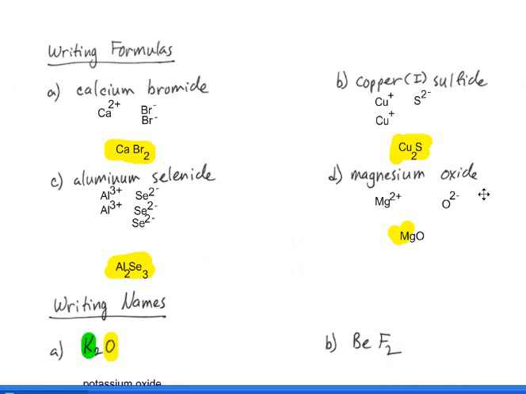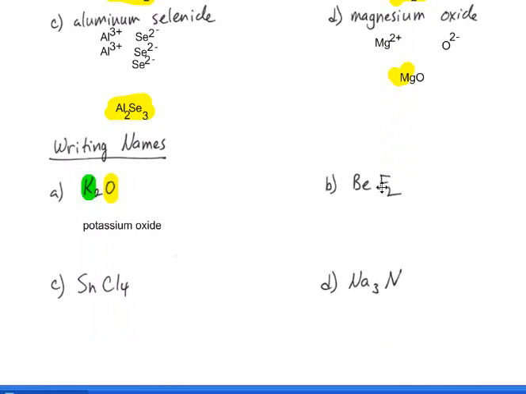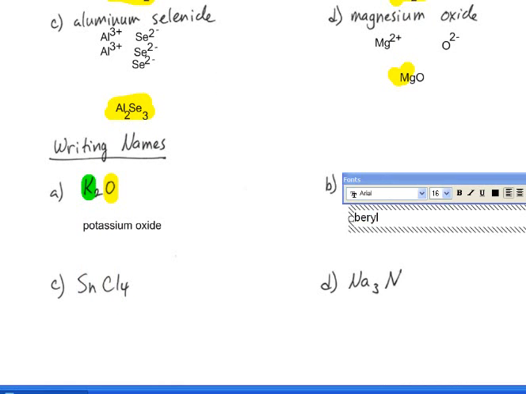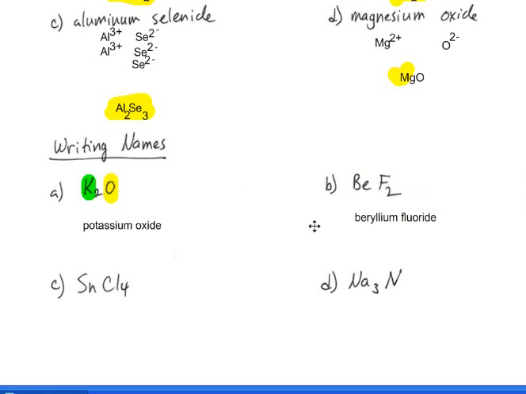So that's why I have to have 2. So that's why that little subscript 2 is there. So beryllium, careful with the spelling there. You may want to spell fluoride carefully. So beryllium fluoride. Easy.